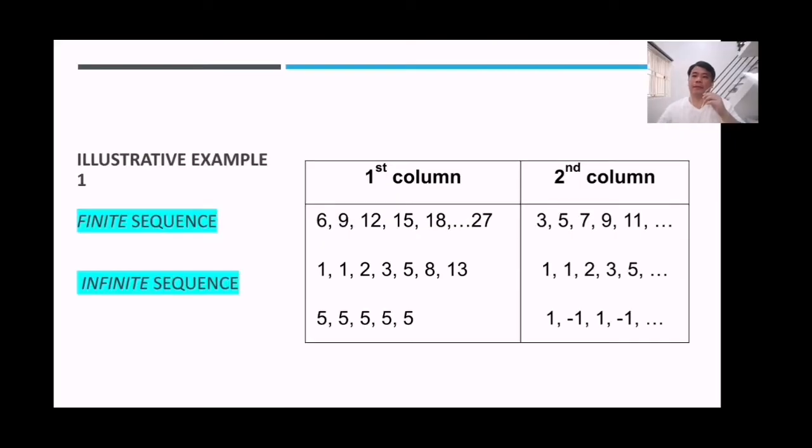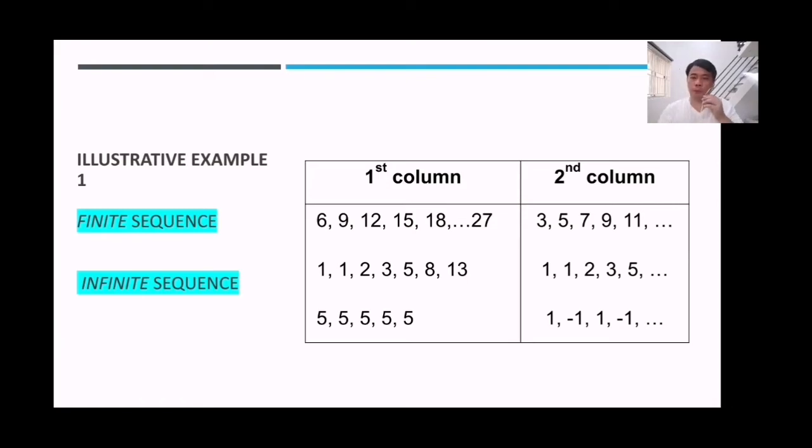Let's move on. Let's have another activity or another example. Example number 1. We have here on the left the finite sequence and the infinite sequence. While on the right, the first column has 3 sets of numbers. The second column also has 3 sets of numbers. Okay, I want you to differentiate these two.